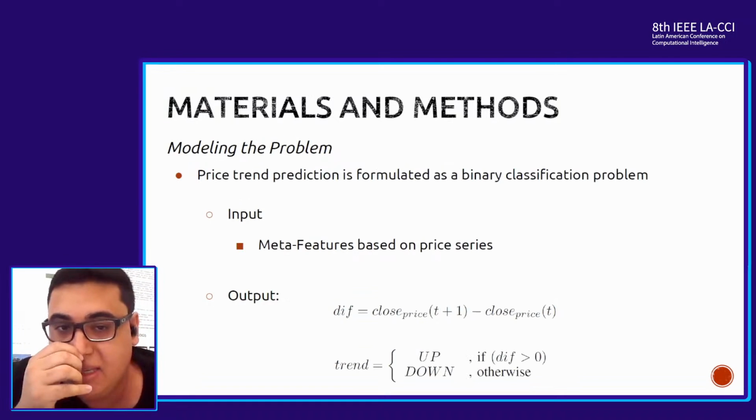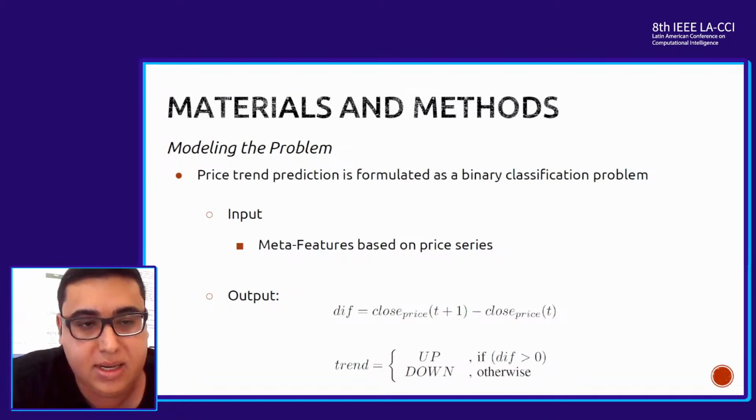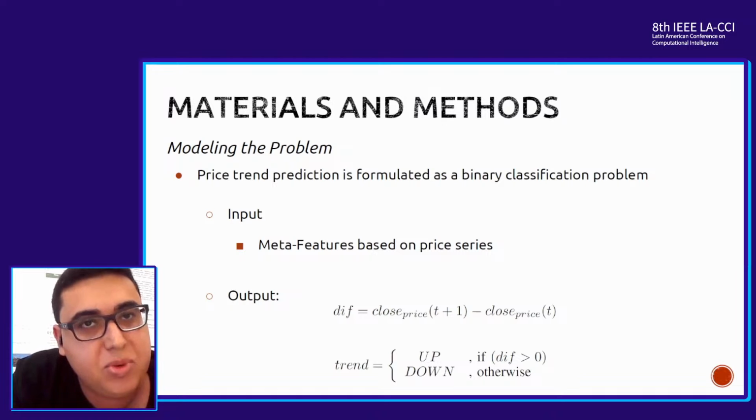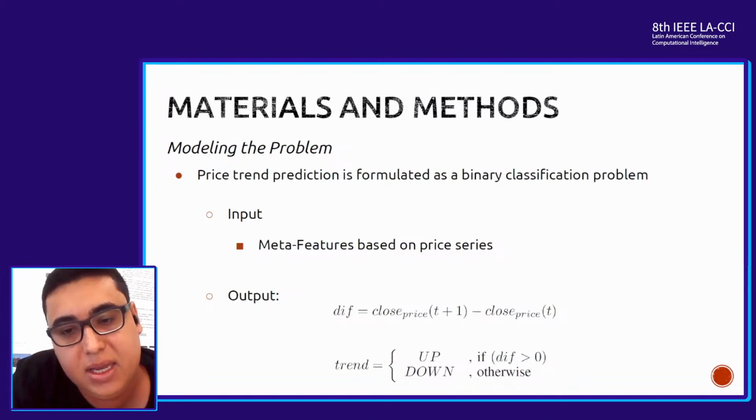The problem in this approach is a binary classification problem, where we want to predict if the market is going up or going down. The input to this binary classification problem is some meta features based on the price series that I will show you. The output is the difference between the closing price from today and the closing price from tomorrow.